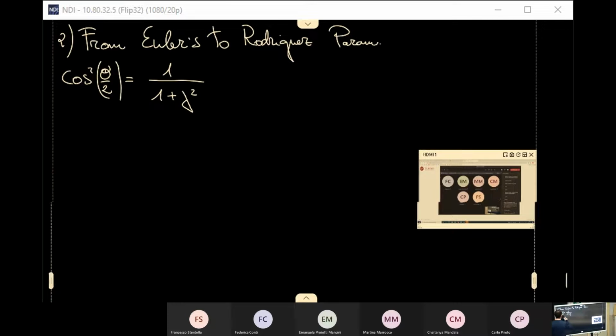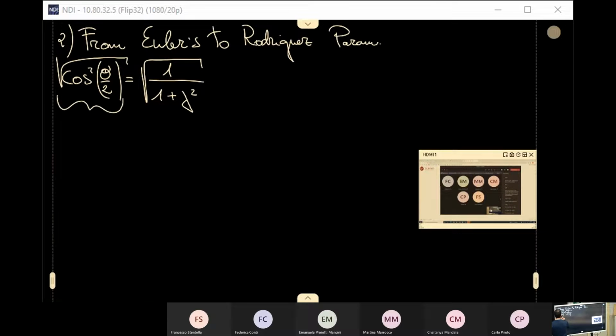Now, this means that if we apply the square root to both sides, we actually have what? This is theta 0, and this is the square root of 1 over 1 plus gamma squared.